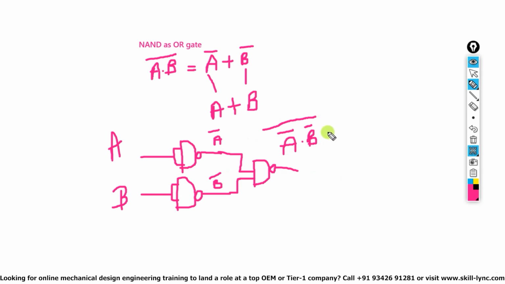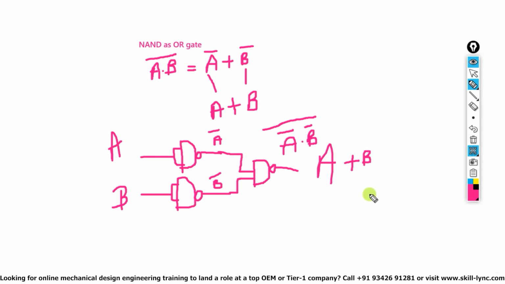So when I open this using De Morgan's law, if xy whole bar is equal to x bar plus y bar, here x is A bar, so A double bar plus B double bar. A double bar equals A and B double bar equals B. So it becomes A plus B.